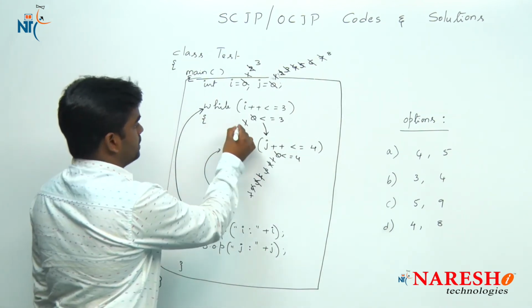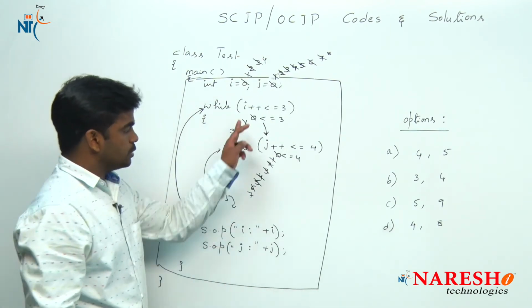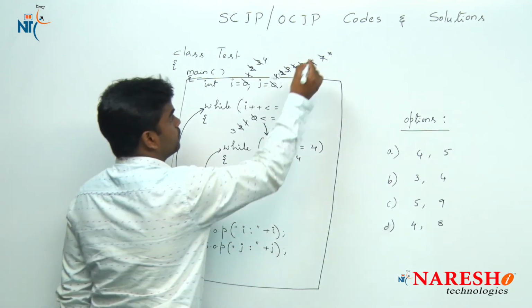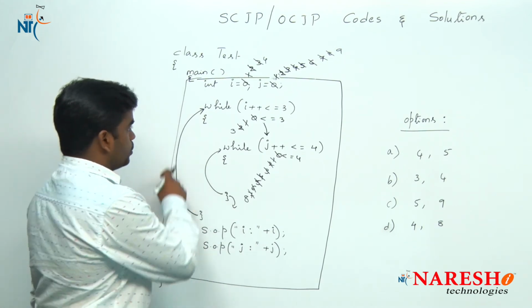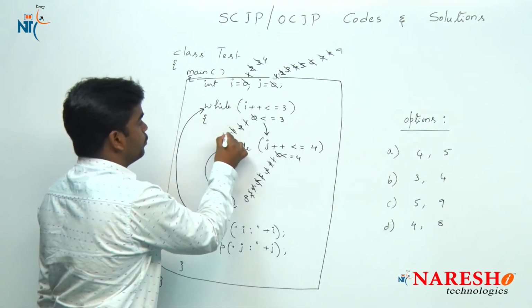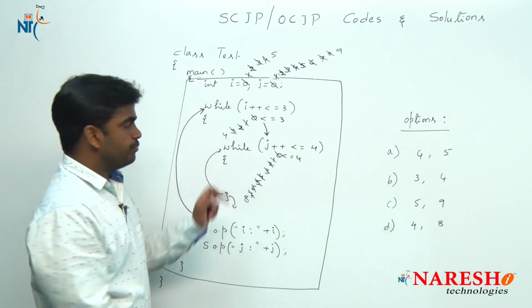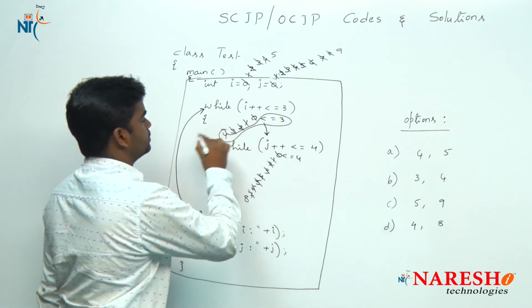And again the outer loop repeats, it will substitute 3, so the value becomes 4. The control moves inside, it will substitute 8, but the value becomes 9. And again the outer loop repeats, it will substitute 4, value becomes 5. But now look at this, 4 is less than or equal to 3, condition has failed.